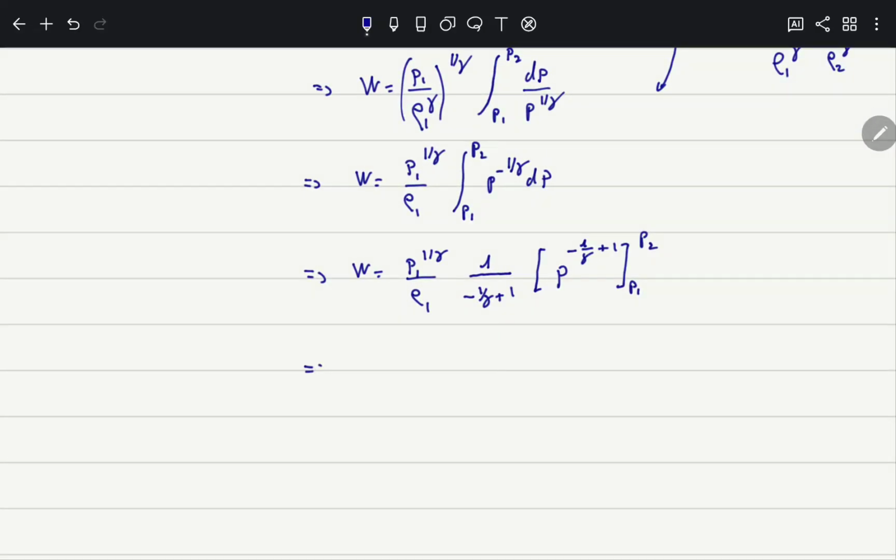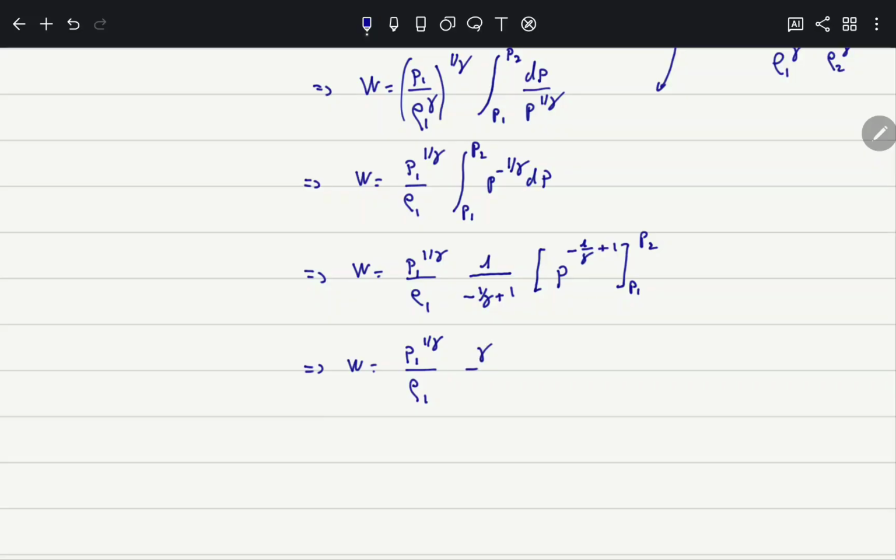Continuing, we still have P1 to the power of 1 over gamma divided by rho 1. Then we have that constant term in front of the bracket: minus 1 over gamma plus 1 gives you gamma minus 1 over gamma.